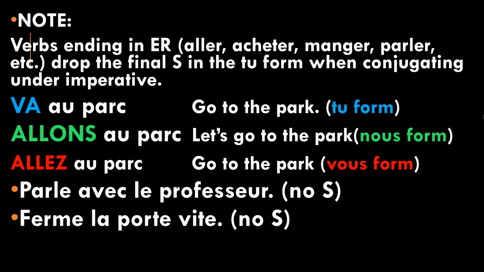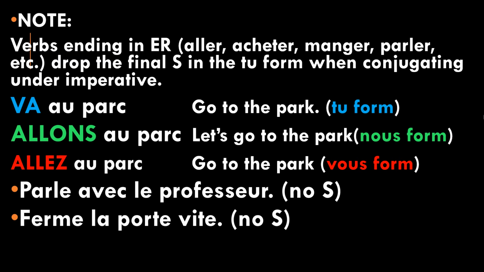The one important exception to note is that verbs ending with er, including aller which is irregular, drop the final s in the tu form when you're conjugating in the imperative. So when you want to say go to the park, it is va au parc, which is va and not vas. In the normal aller present it is tu vas, but in the imperative you have to drop the s for any er verb in the tu form.